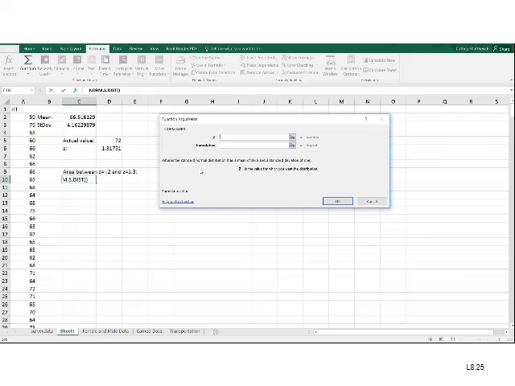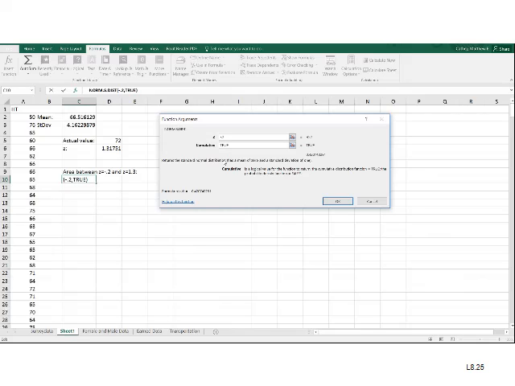I've got 2 z-scores. So what do I do? Well, what I'm going to do is start by putting in the lower value, negative 0.2. And for cumulative, we're always going to want true.